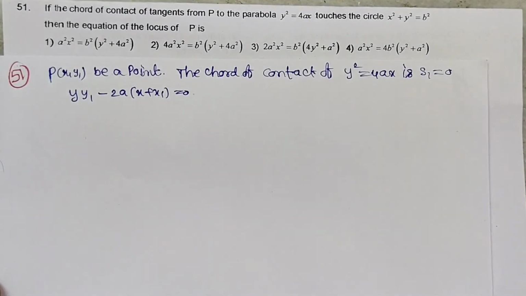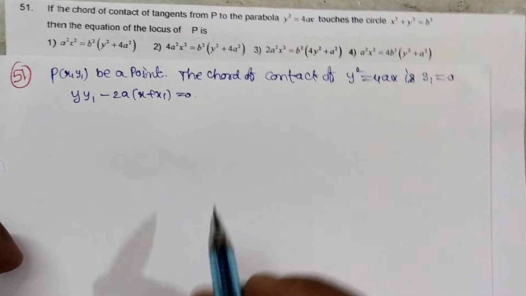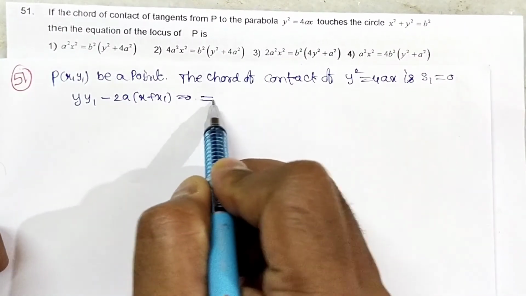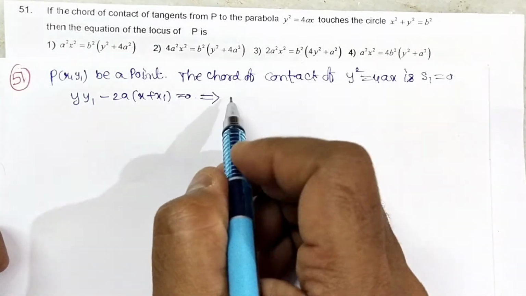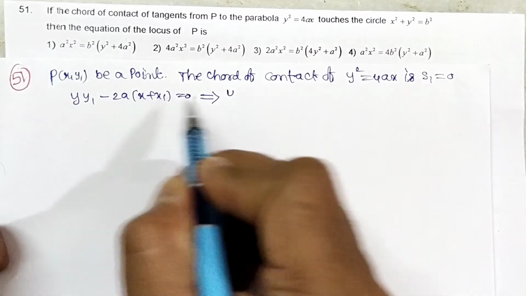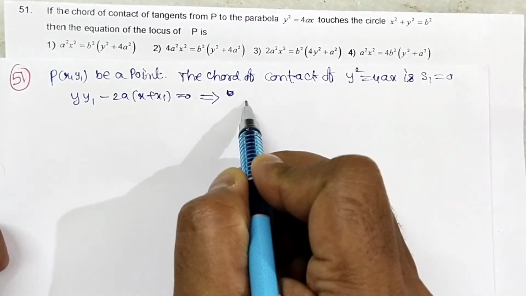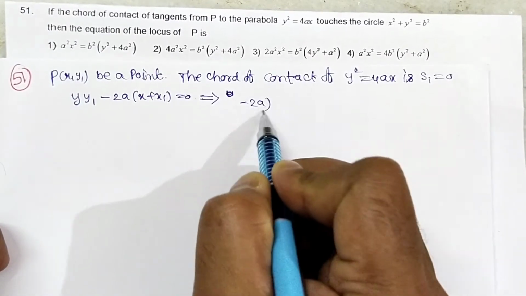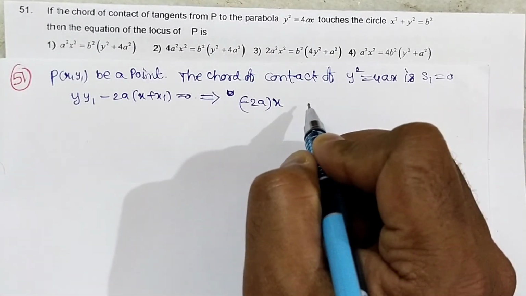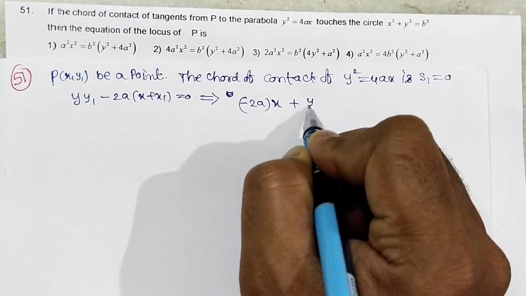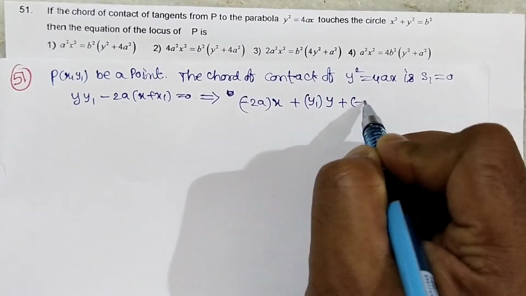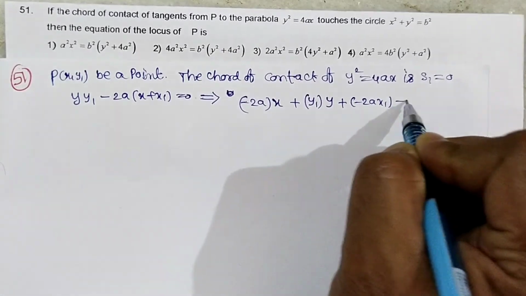This equation you have to write in the form of minus 2a into x plus y1 into y plus minus 2a x1 is equal to 0.